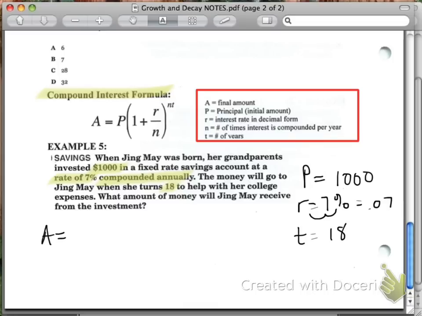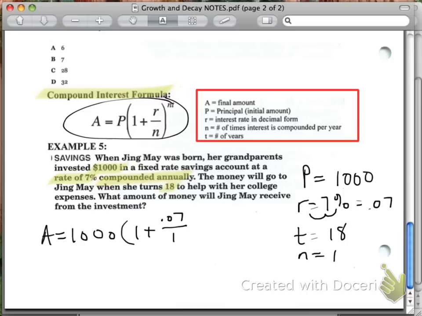So we said our interest formula is this right here. I'm not going to rewrite that, save us a little space. But P is 1,000 times 1 plus my r, we said is 0.07 because we already converted it from a percent to a decimal, divided by n, the number of times it's compounded. It's compounded annually, so n is equal to 1.